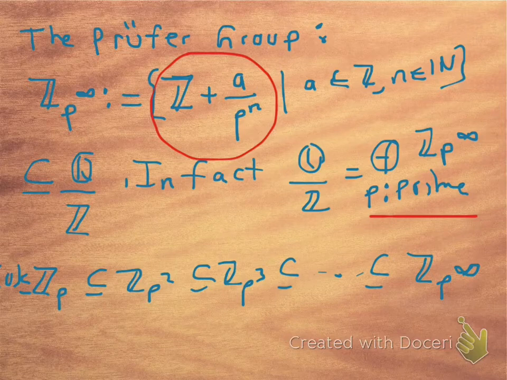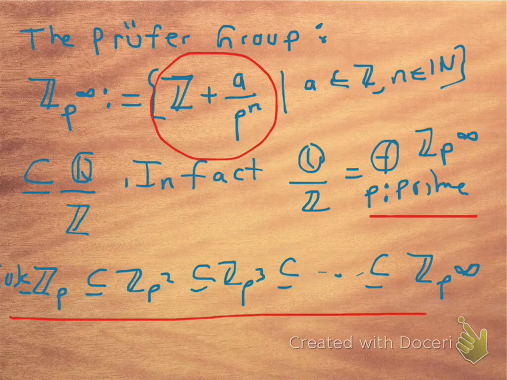And this is a good example in our context as well, because it gives us an Artinian module which is not Noetherian. All this can be seen in this picture of all the submodules lined up in this fashion. This chain shows all the submodules of ZP infinity, that's the Prüfer group, forming a chain.